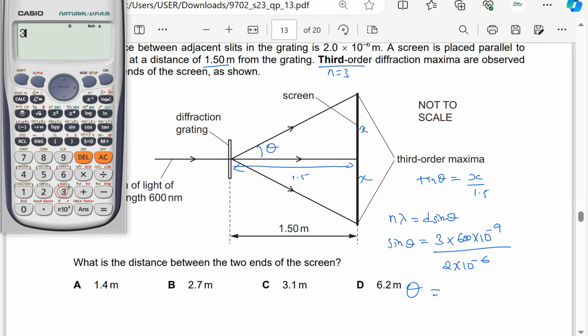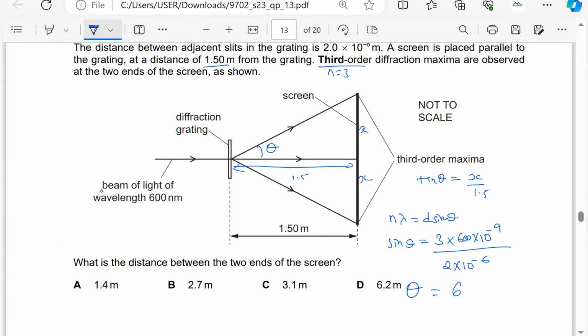So I have 3 times 600 exponent minus 9 divided by 2 exponent minus 6. Then I have the sine inverse of the answer. So theta is 64.2 degrees.